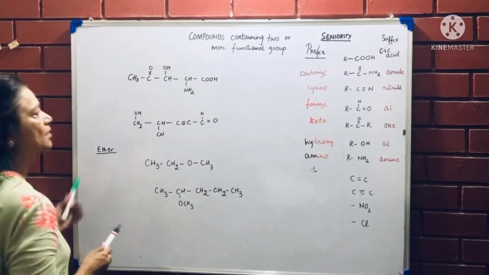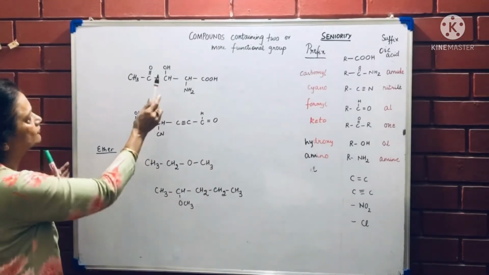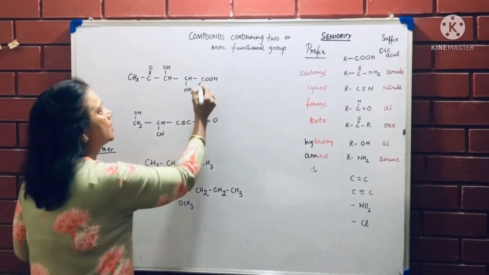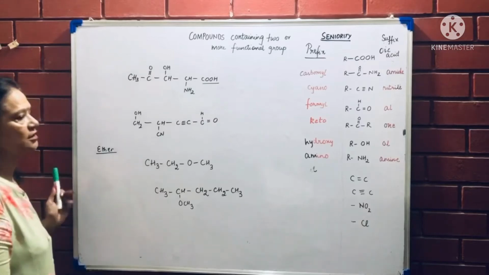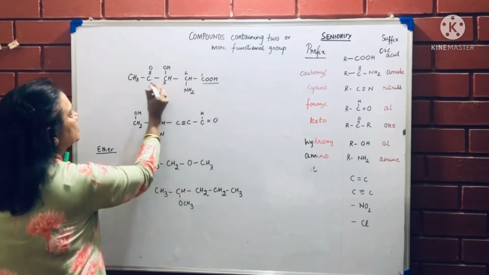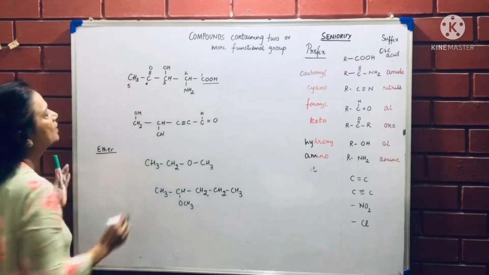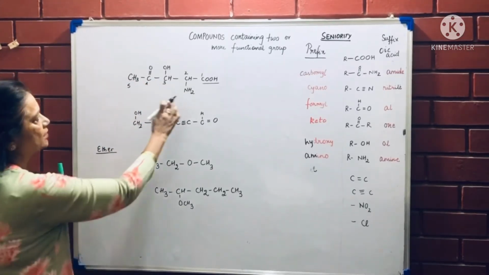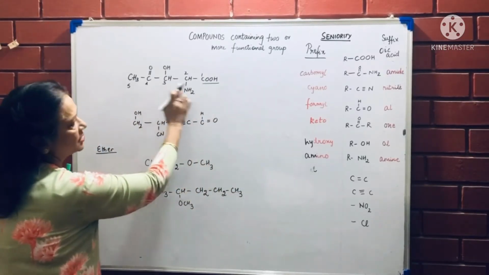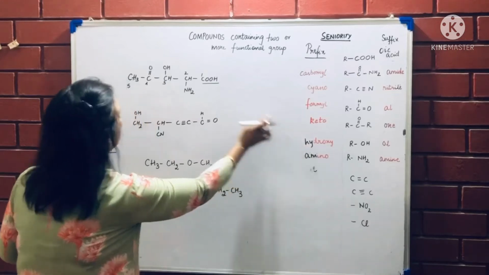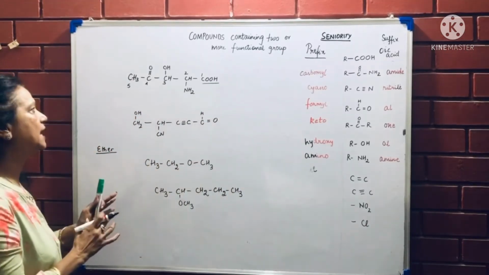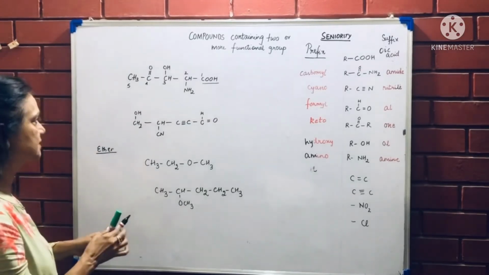Now see, in this compound there are 4 functional groups here, 1, 2, 3 and 4. And I can identify this as the major functional group. So I'll count from here 1, 2, 3, 4 and 5. And the remaining functional groups: at place 2 is the amino group, at place 3 is the hydroxy group, OH, at place 4 is the keto group. Alphabetically I'll write, but otherwise the things are the same.